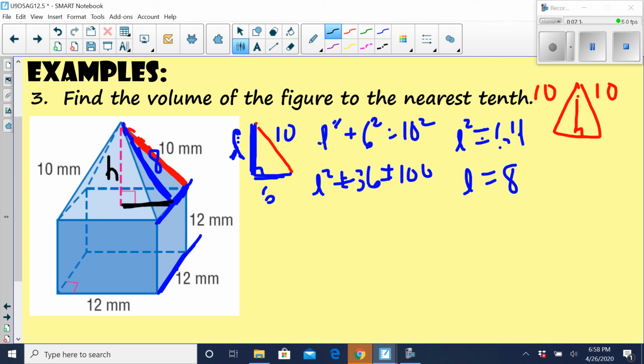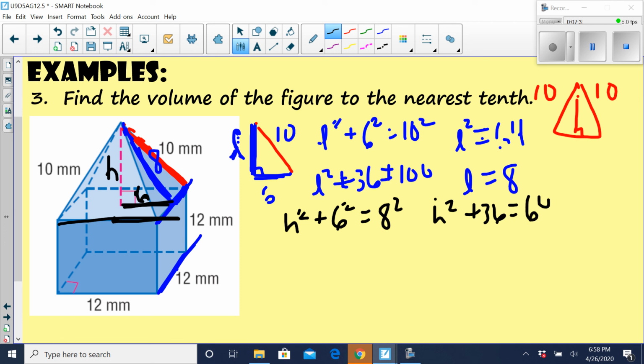What am I going to use for this bottom piece? Once again, the full length here is 12. So if I go from this center to the edge, it's going to be 6. And once again, I'm just going to use Pythagorean theorem. So for this problem, I just needed to use the Pythagorean theorem twice. Here I get h squared plus 6 squared equal to 8 squared. So I get h squared plus 36 equal to 64.